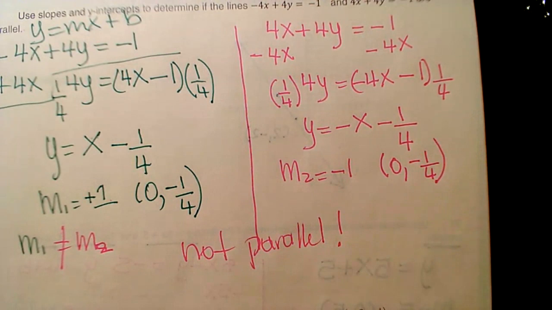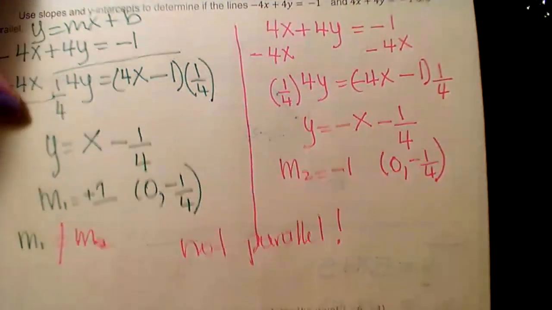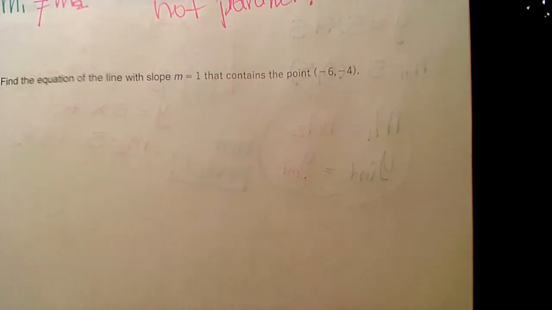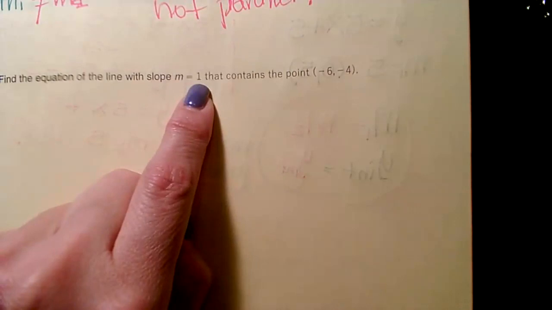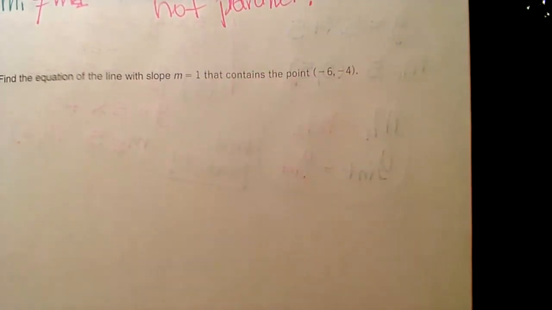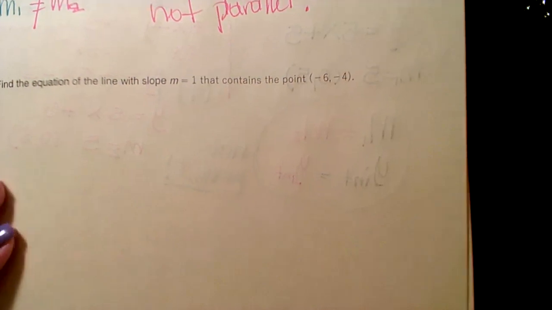Okay. Now, it says that we need to find the equation of the line that has that slope and passes through this point, or contains that point. So my slope is 1 and they're giving me a point, negative 6 comma negative 4.